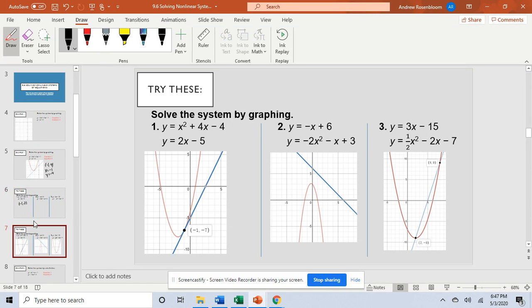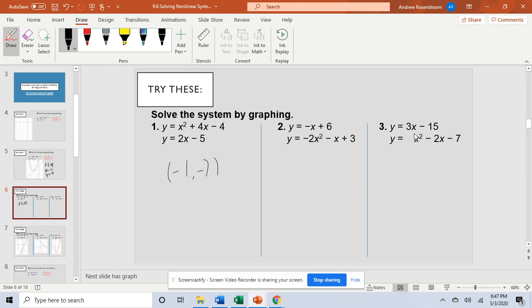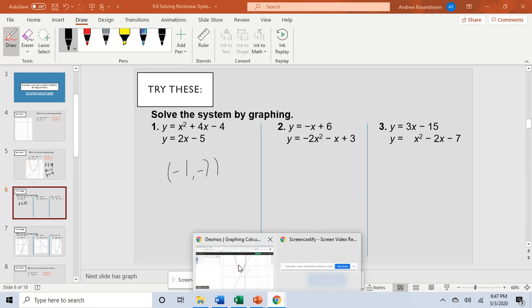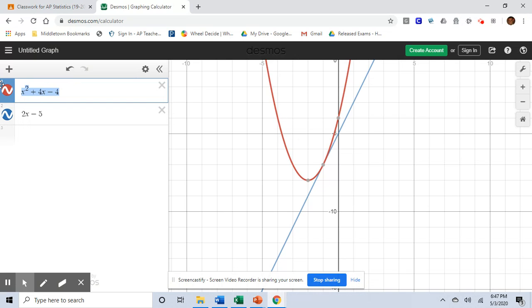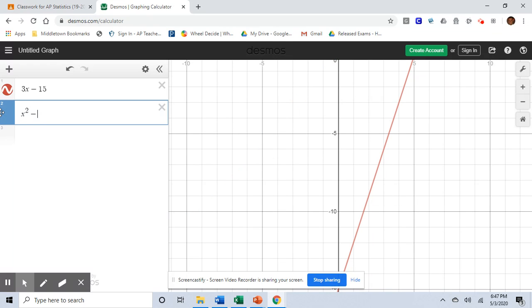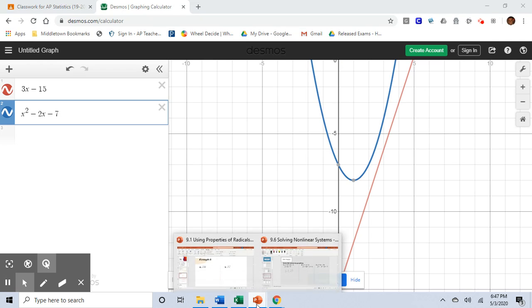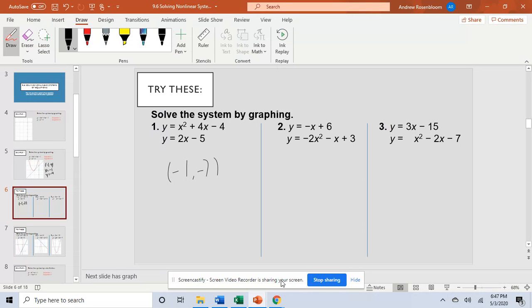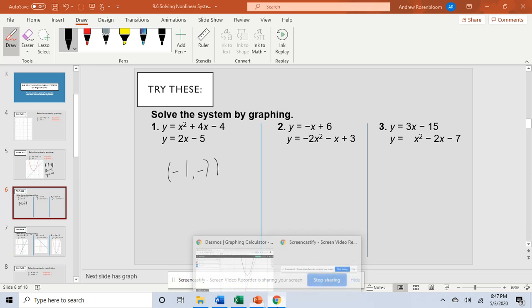Okay? So let's take a look at, say, our third one, which is 3x minus 15 and x squared minus 2x minus 7. So 3x minus 15 and x squared minus 2x minus 7. I think I wrote one of them wrong.